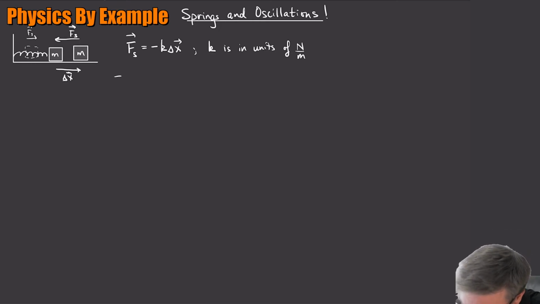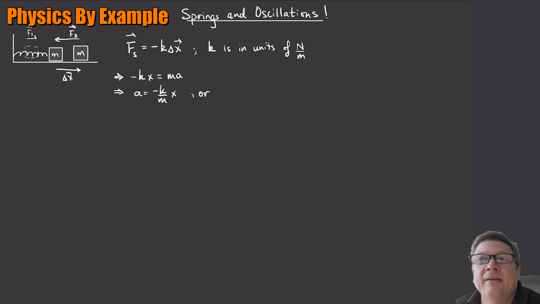If I apply Newton's law to this thing, this force, minus k times the amount x that I stretch it, is going to be equal to ma, mass times its acceleration. So what I can say is that a is just minus k over m times x.